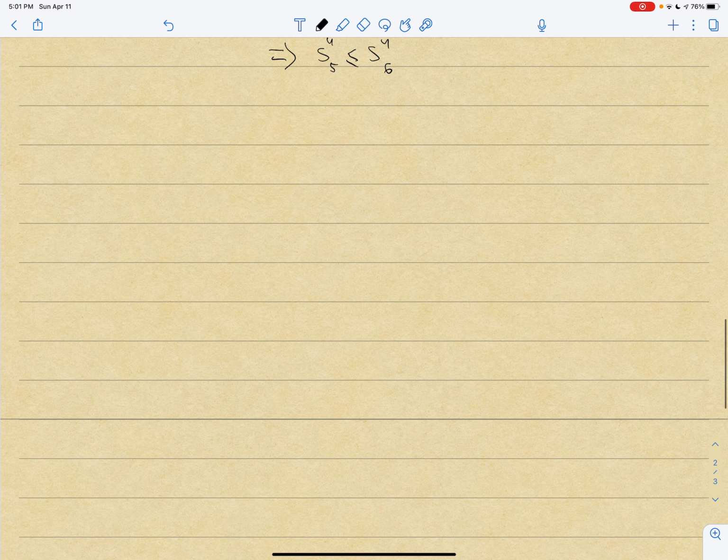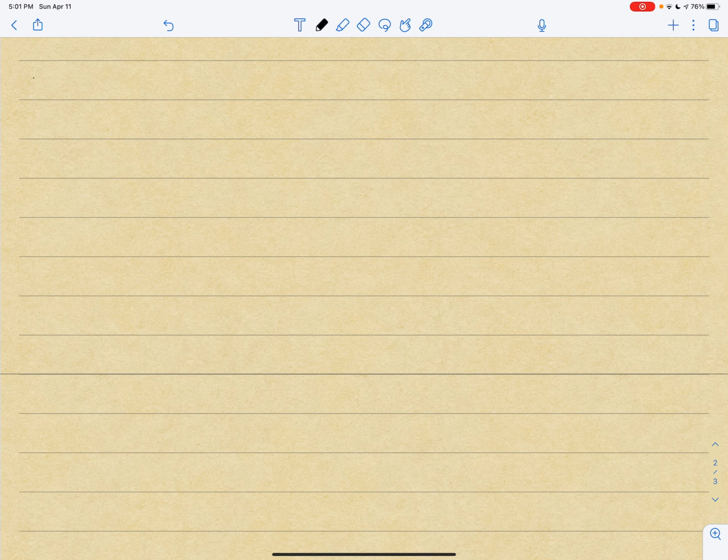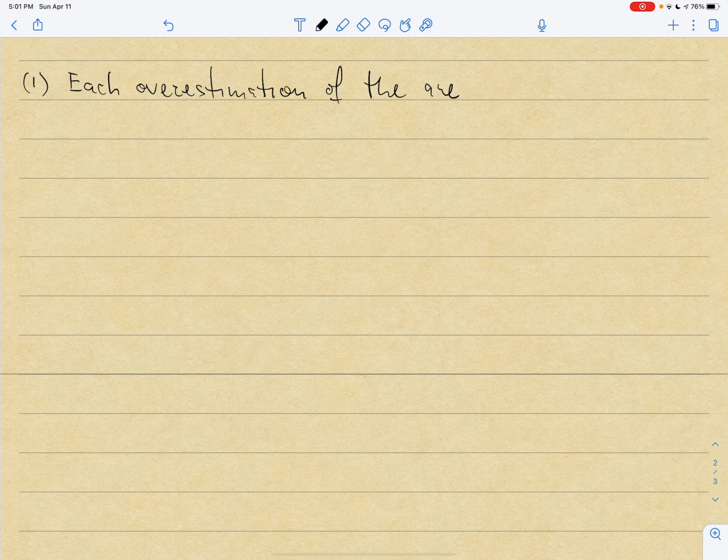So let's make a few rough points here. Point number 1: each overestimation of the area is greater than the area itself.